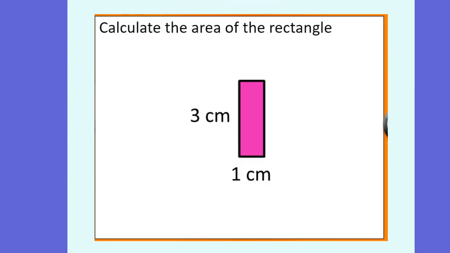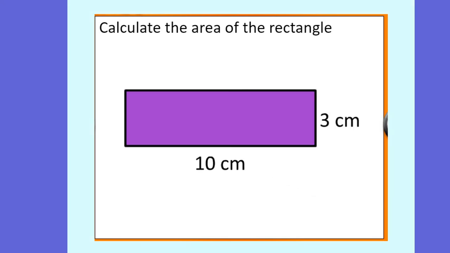Quick fire questions. Can you write me in your rough books the area of this rectangle, giving me a unit? Okay, so area is base times height. So in this case, we've got 3 times 1, or 1 times 3, which is 3 centimetres squared. How about now?